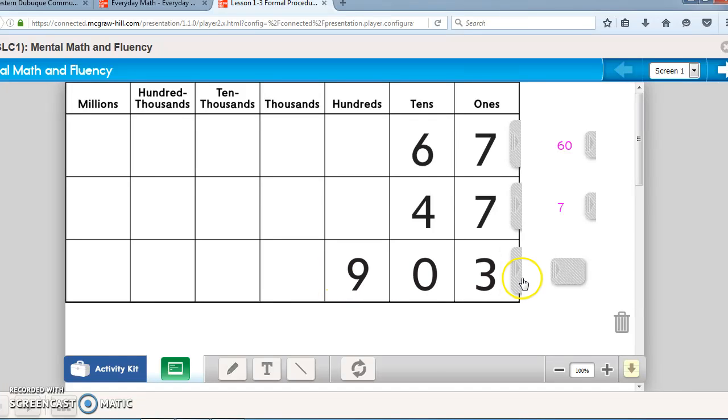And our final one, what is the 9 in 903 value? Yes, the 9's value is 900.